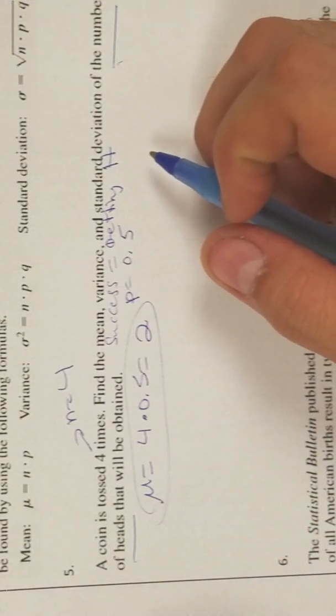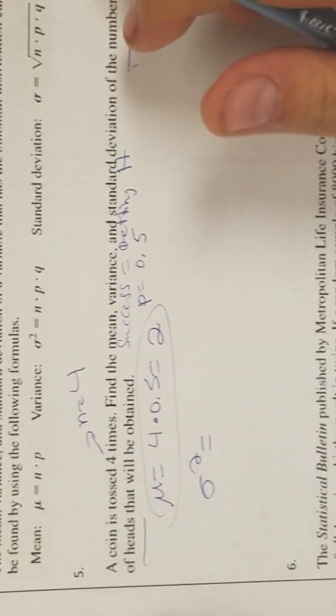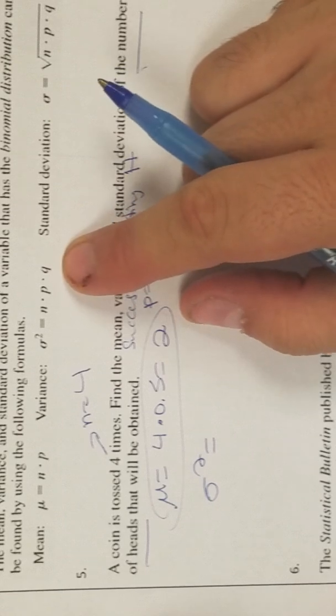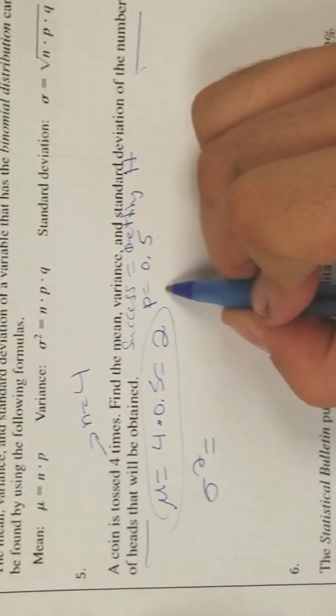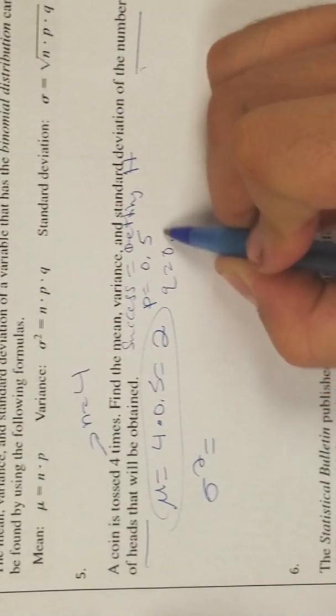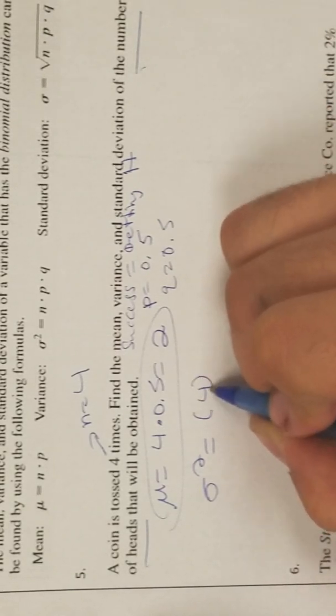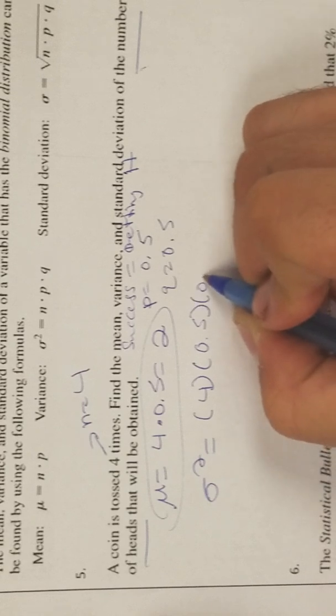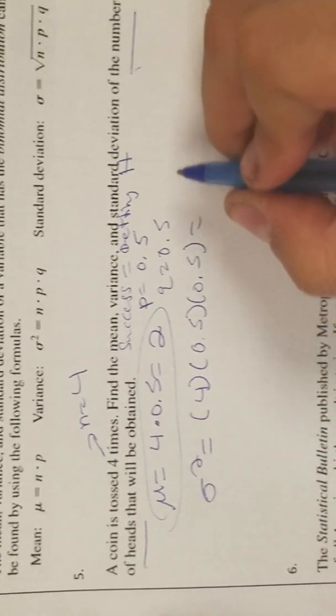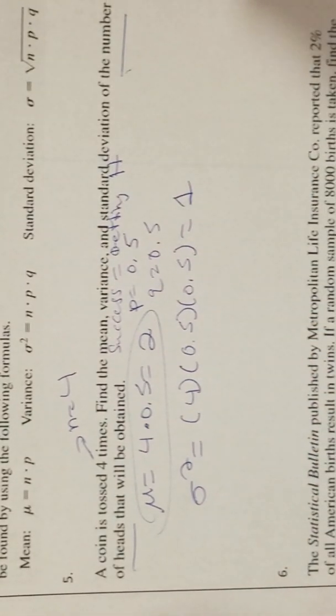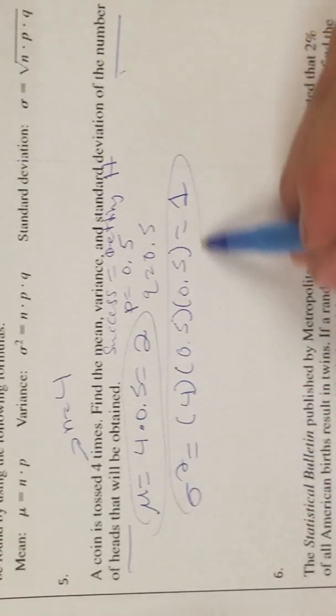Pretty easy, pretty simple. Now we need to find the variance. So we're going to do sigma squared equals n times p times q. Q is failure. So in this case, remember failure, if success is 50%, failure is 50%. So we have here 4 times 0.5 times 0.5, which gives us 1. That's it for our variance.